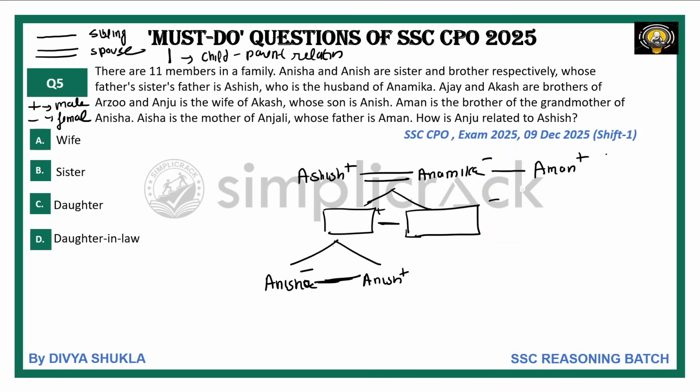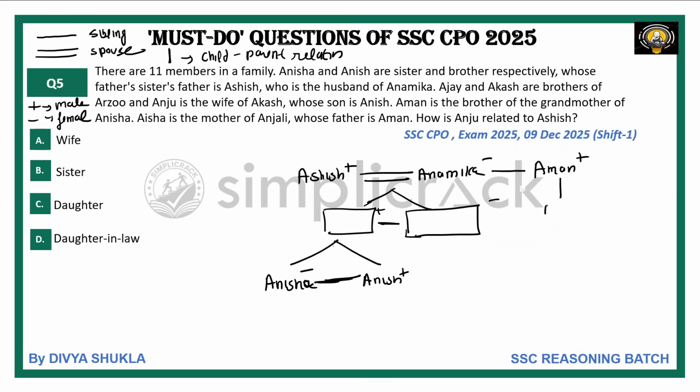Okay, now Aman is the brother. It is done. After this, Aisha is the mother of Anjali, whose father is Aman. So Aman is having a daughter, and that is Aisha, or I can say, no, not Aisha. Aisha is the mother of Anjali.